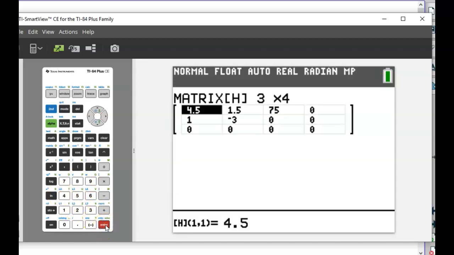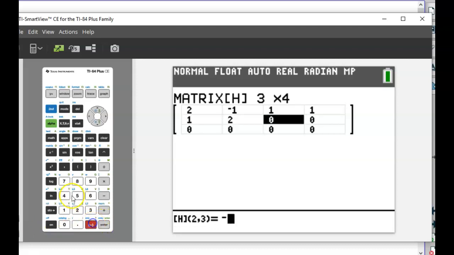Okay, read it to me if it was all in one. 2, -1, 1, 1. 2, -4, -4, 3, 4, 4, 3, -7.